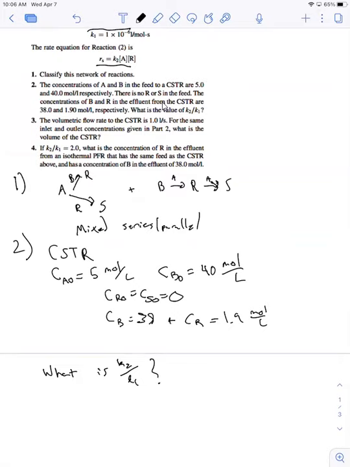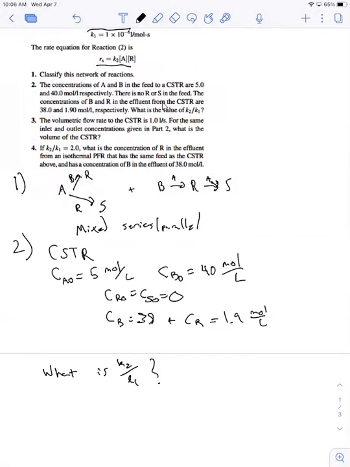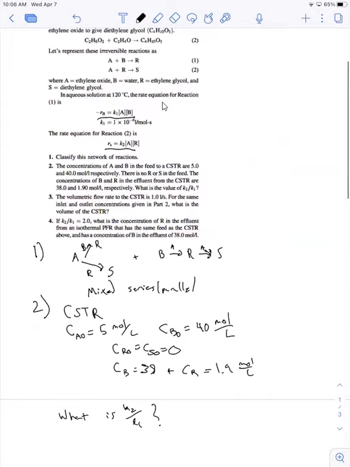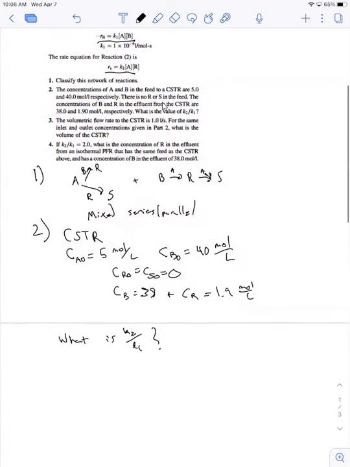So the first place you want to start for this problem is to do the balance on the simplest constituent. For A we have parallel, and for R we have series, but B is only in this first reaction. So B is going to be the simplest balance.